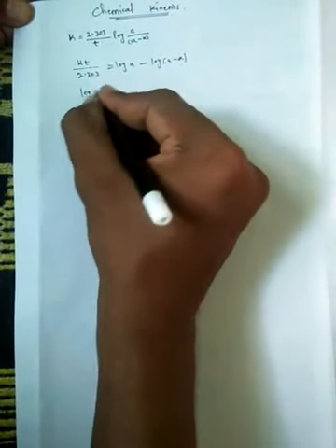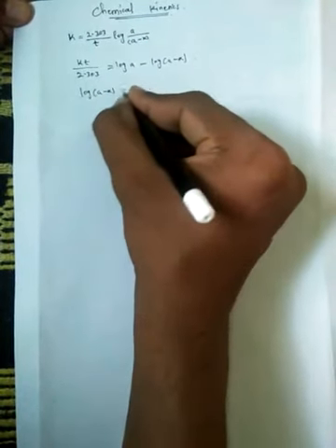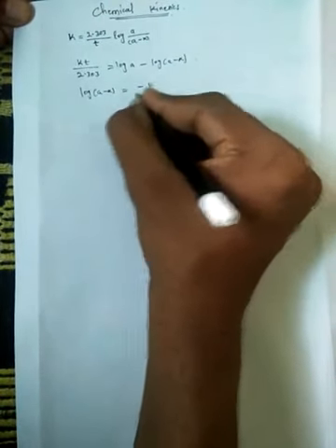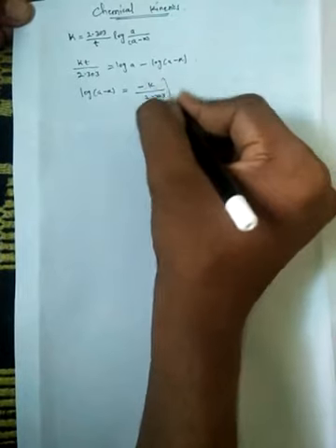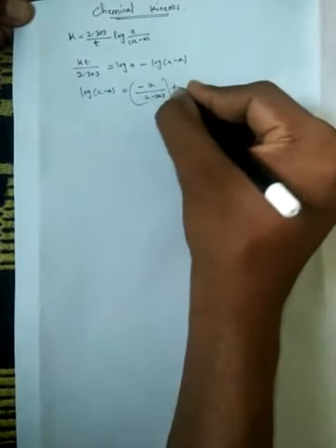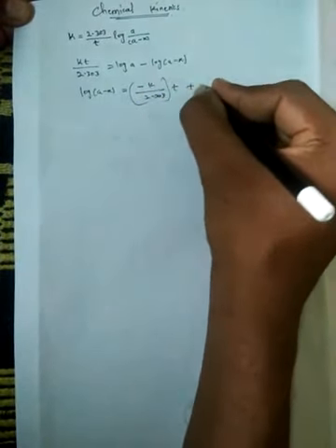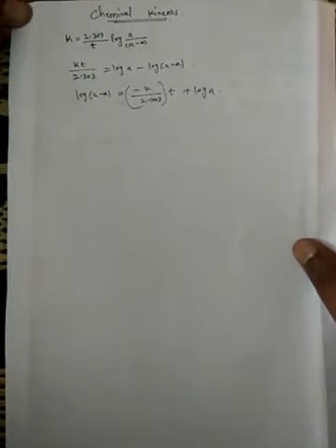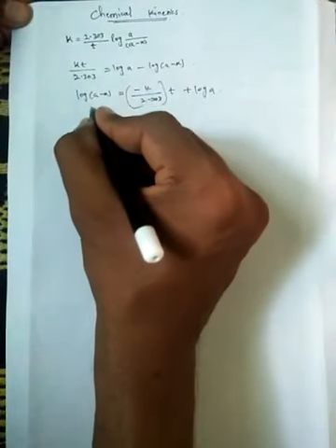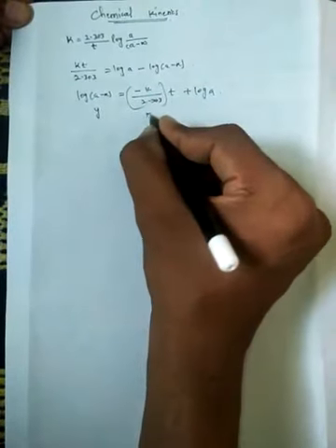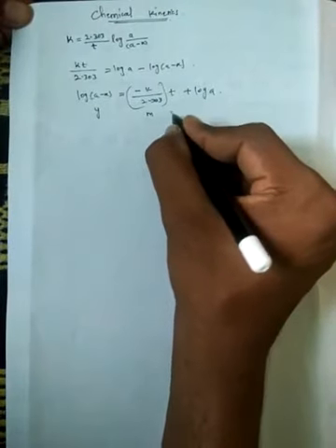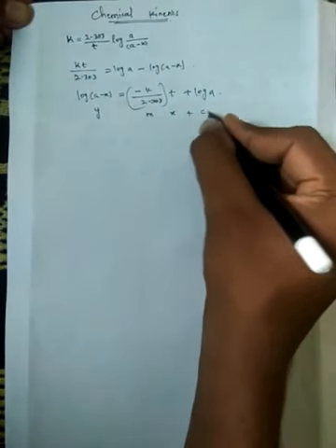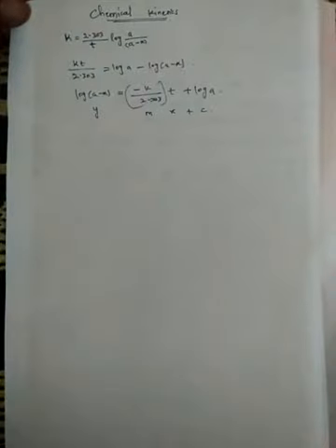I'll get log (a minus x) equal to minus k by 2.303 into t plus log a. So this is a straight line form. You see that this is the y-axis, this is m the slope, and this is in the x-axis plus c. So this is in the straight line equation form.